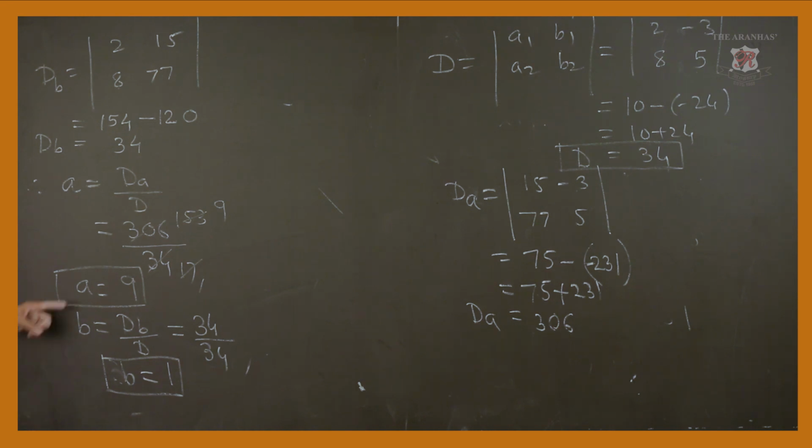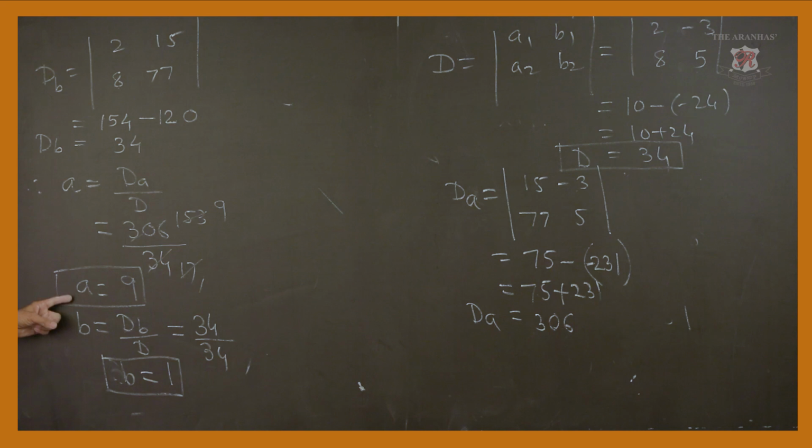Now once you get the value of A is equals to 9 and B is equals to 1, it doesn't mean that you finished your sum. It is incomplete. Why? Because we have found out A and B, whereas the equation is in terms of x and y.